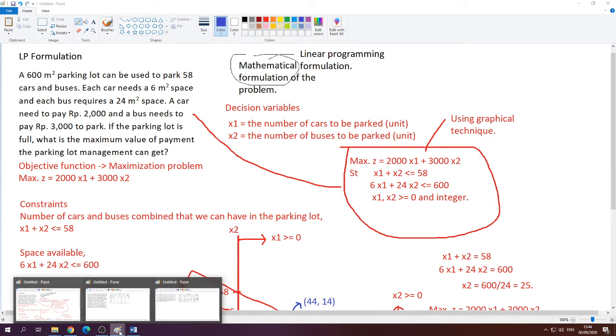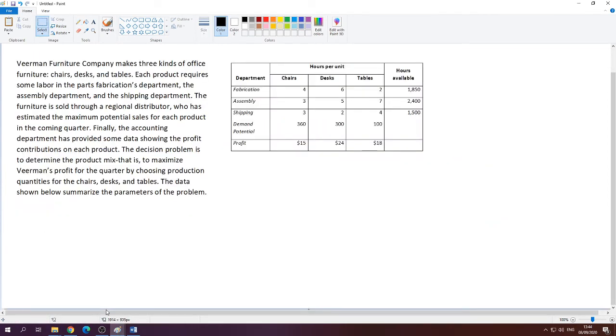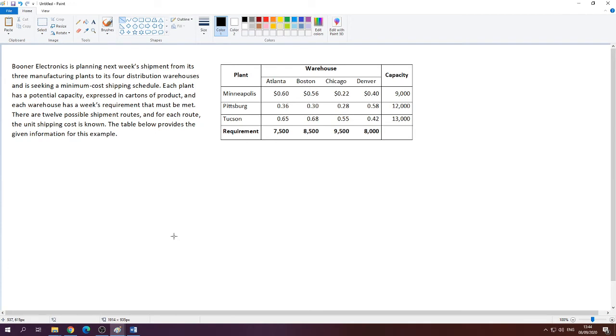Let me see what I have over here. Oh, okay, let's do this problem. So there is a company, it is an electronics company, and the name of that company is Bonner Electronics, and this company is planning for next week's shipment from its 3 manufacturing plants to its 4 distribution warehouses.